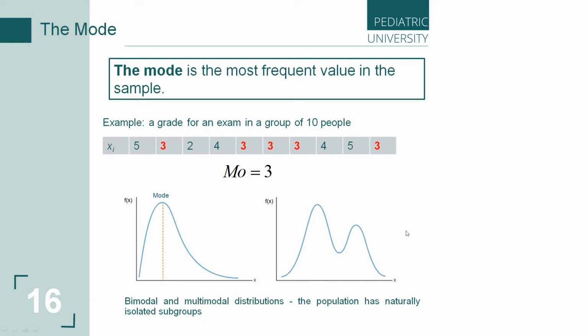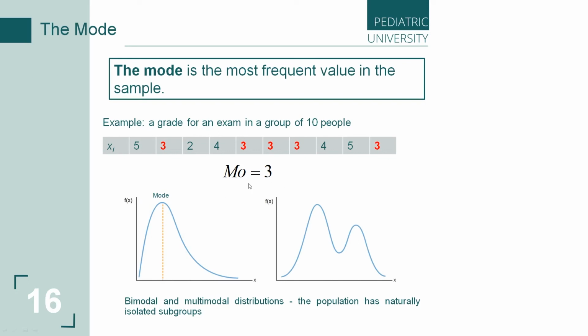For example, the mark for an exam in a group of 10 people, the most frequent value is mark 3. I think you know that the best would be excellent, which will be mark 5, for example.